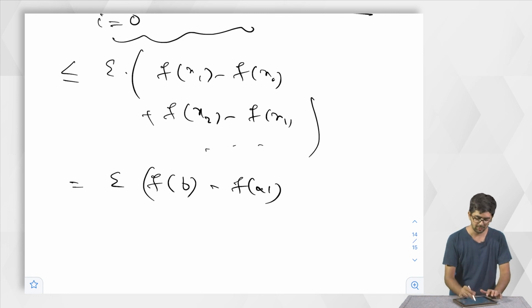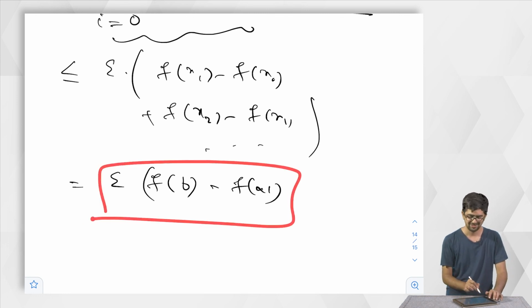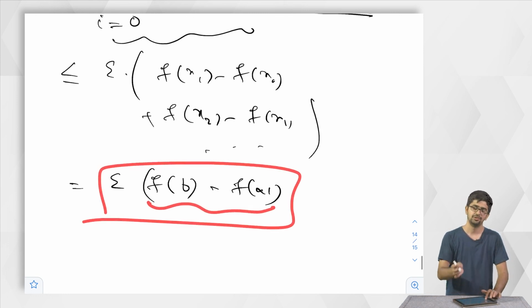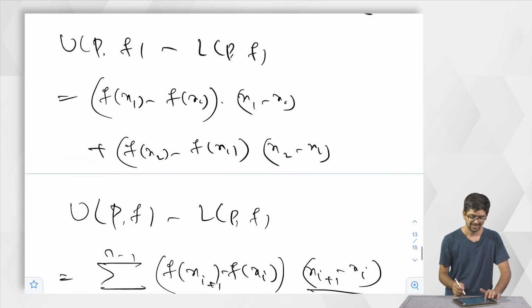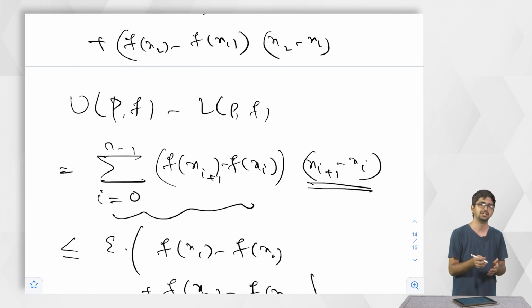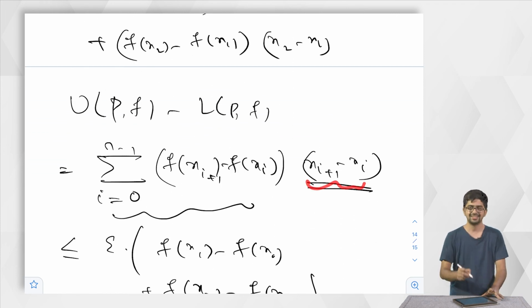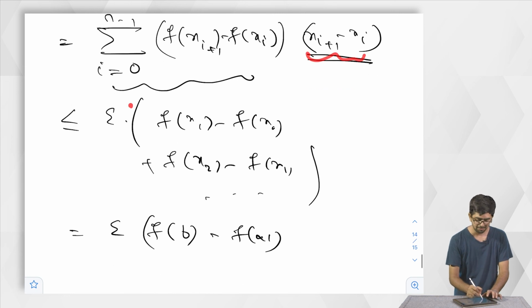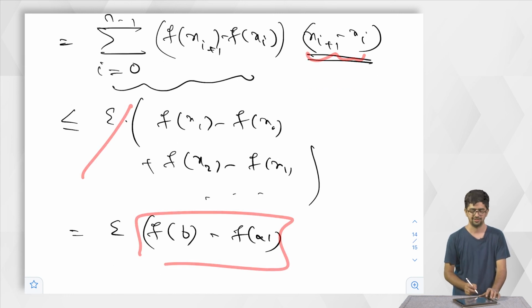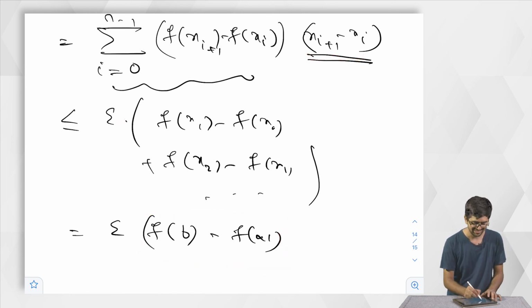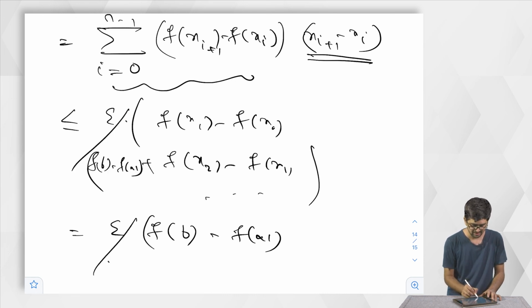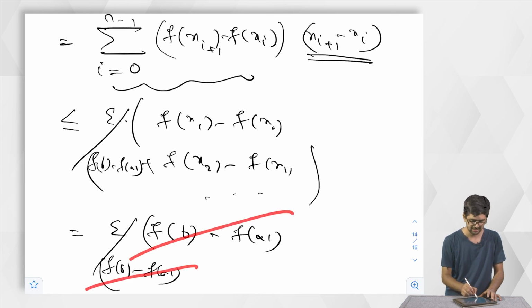Again, suppose you want this to be epsilon, not the extra factor. You go to the starting point and change that: choose a partition P such that this length is less than epsilon divided by this much. Suppose I have epsilon by f(b) minus f(a); then I have f(b) minus f(a), and these two get cancelled, and I get epsilon here.